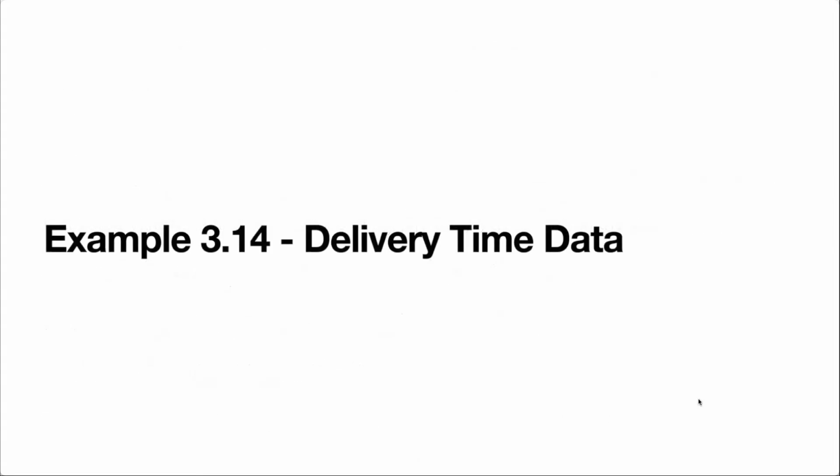All right, so let's look then at example 314. This involves the delivery time data. And what we're wanting to do here is to calculate what are called the standardized parameter estimates for that model. And so again, what does it mean when we say standardized parameter estimates?